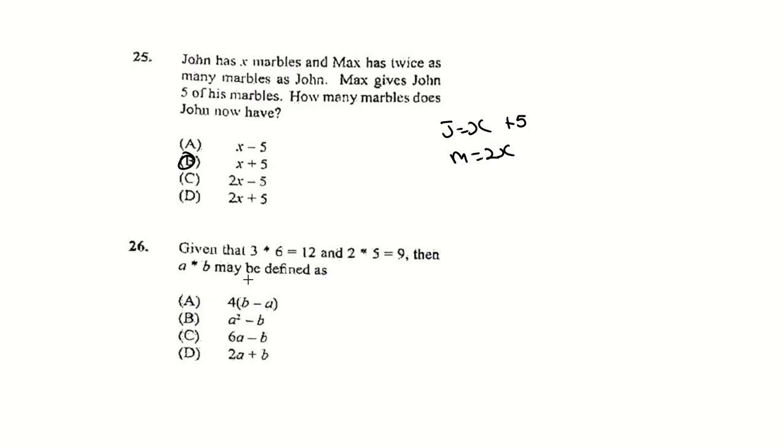Alright, we did this question already as well, and we got a squared minus b, but let's check it out. Hold on. No, this is something different. Let's check it out and see. So we have 3 asterisk 6 equals 12, and 2 asterisk 5 equals 9.